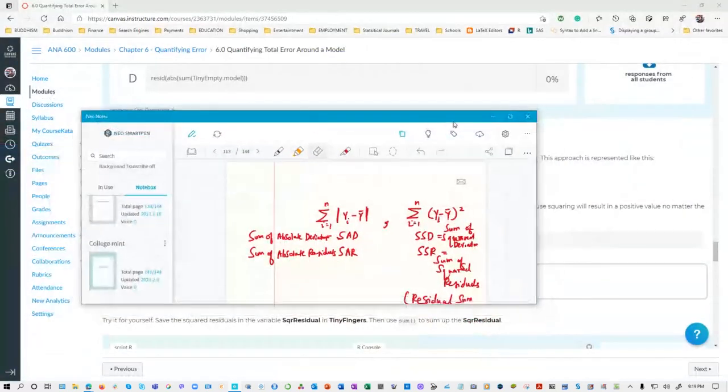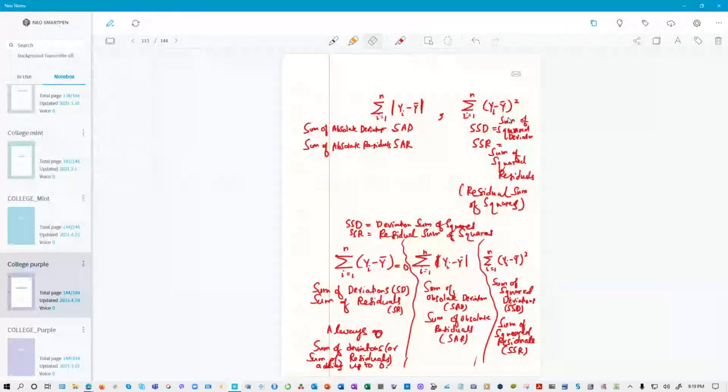Okay, because there are other quantities we're going to introduce too later on. Okay, or SSR, sum of squared residual. Or you can read from this side, residual sum of squares. See, either you read from left to right or right to left, you still get the answer. See? Okay.